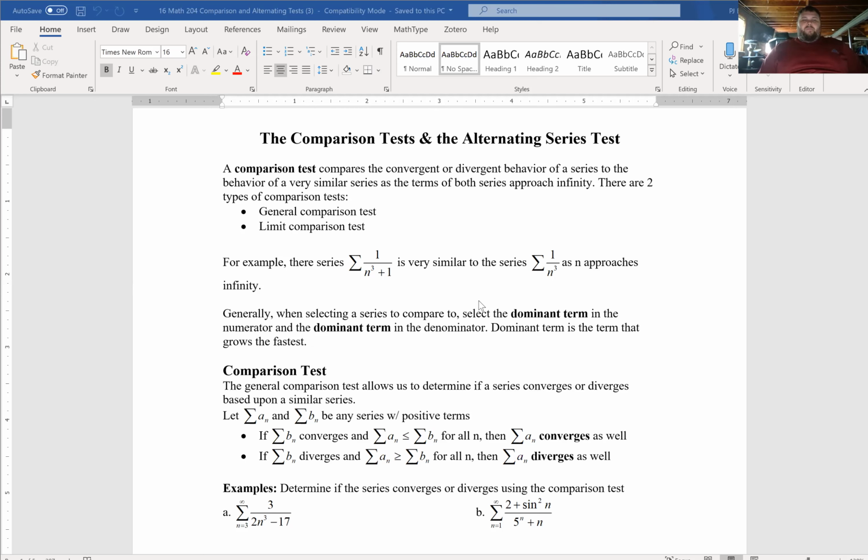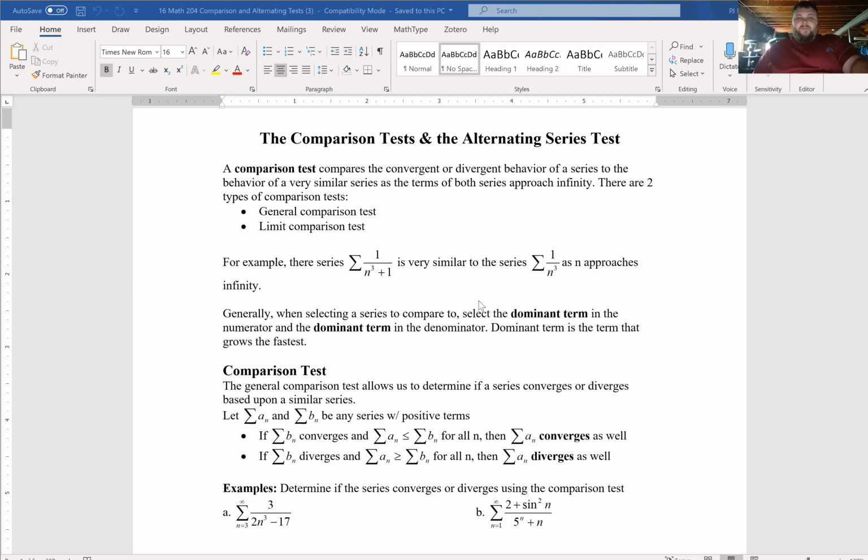So comparison test, the whole point of either of the comparison tests is we're given a series and we look at it and we say, okay, I don't have a test that looks like it would be a good choice here necessarily, but it does look very close to a series that I do know how to work with.